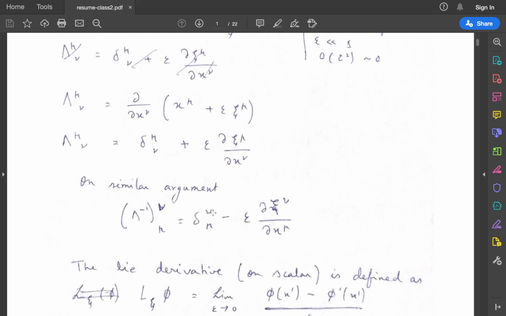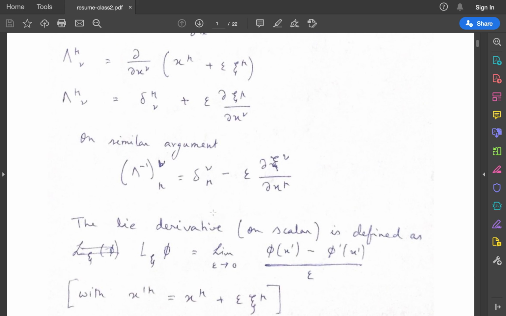Proceeding similarly, you can always check that the inverse of this transformation is given by the delta function minus the partial derivative connected with epsilon. Okay, so these are the two relations which we will be frequently using, and let us keep this in mind.